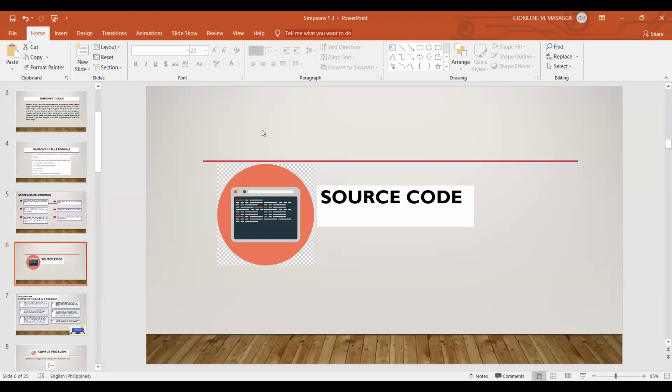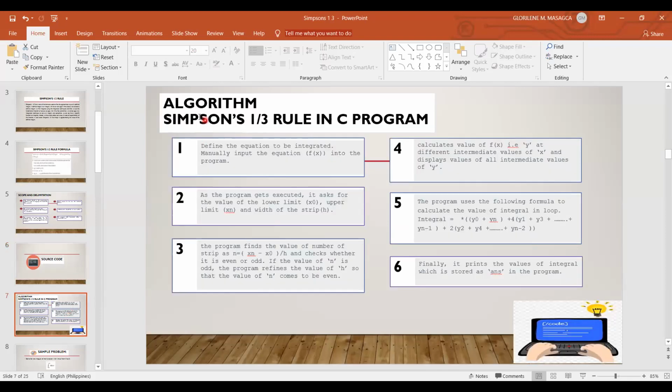So before using that, let's know first the algorithm of Simpson's one-third rule in C program. Here, define the equation to be integrated. Manually input the equation f(x) into the program. As the program gets executed, it asks for the value of the lower limit, which is x0, upper limit xn, and width of the strip, which is h.